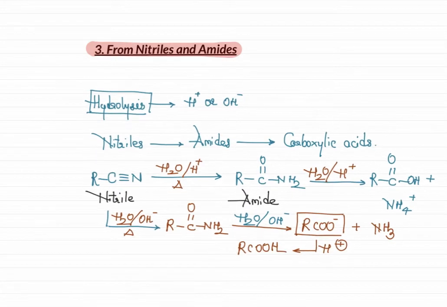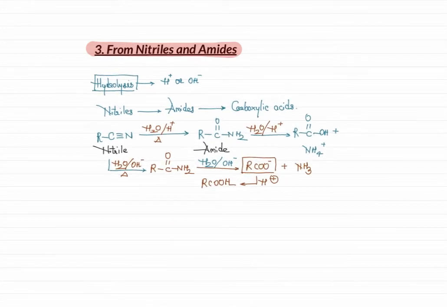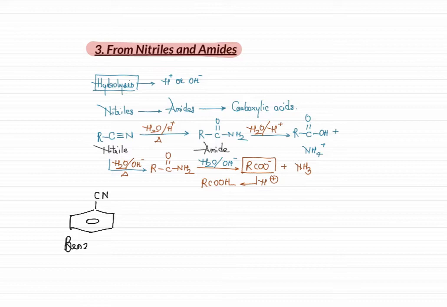I can even give you one or two more examples. One of the other examples we can try would be to take an aromatic nitrile. You can call it benzonitrile, or benzene carbonitrile.